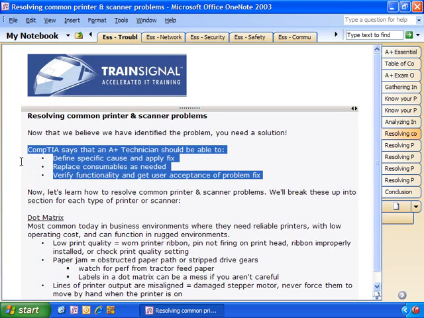CompTIA says that an A-plus technician should be able to define specific causes and apply resolutions or fixes, replace consumables as needed, toner cartridges and so on, verify functionality, and get user acceptance of the problem fix. So as a good technician, you want to talk to the user. You gathered the information from them originally.